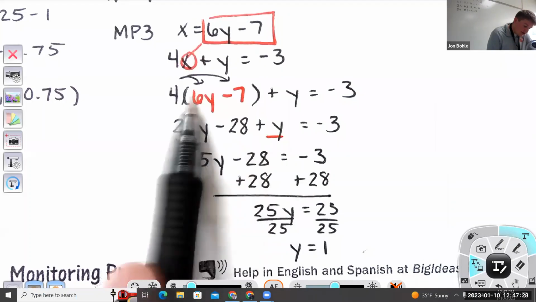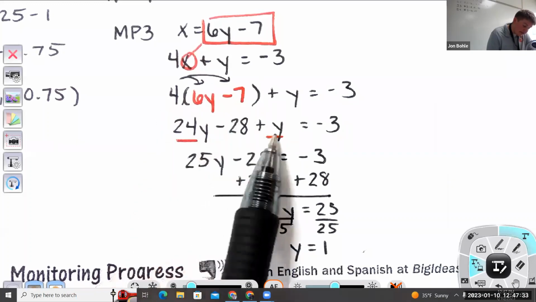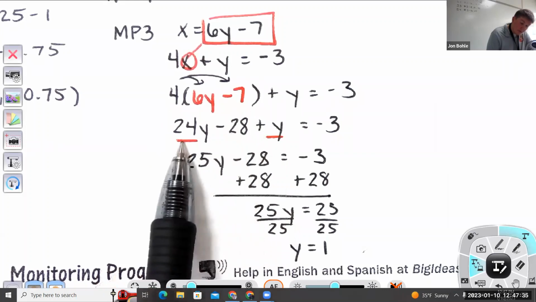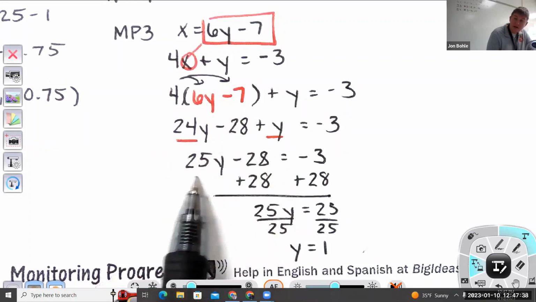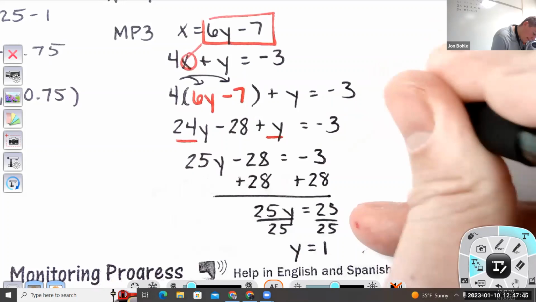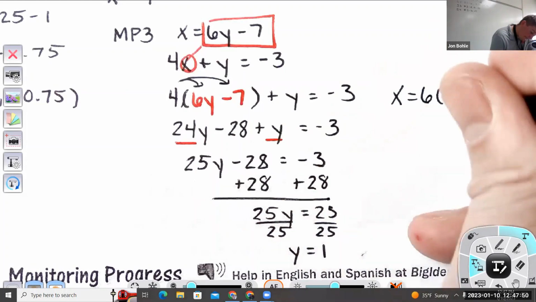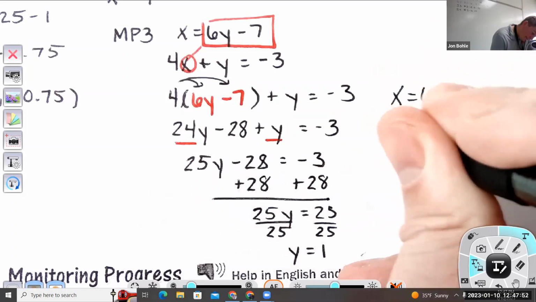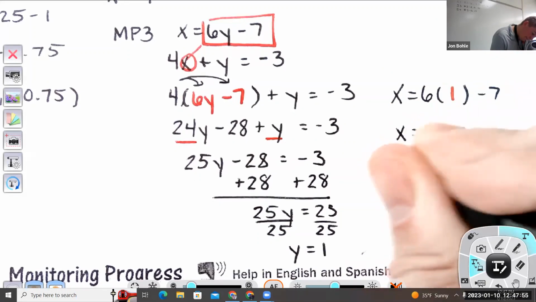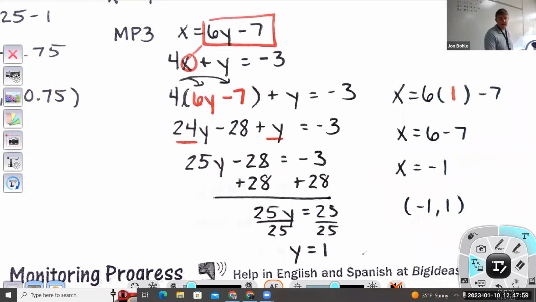So here, I distribute 4 times 6y is 24y, 4 times -7 is -28, 24y and 1y combine to 25y. Add 28 to both sides to get 25, divide by 25 to get 1. And then there is my final answer.